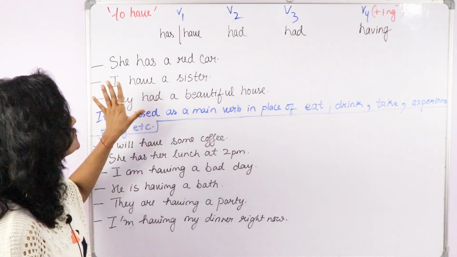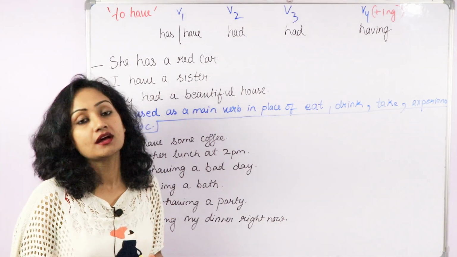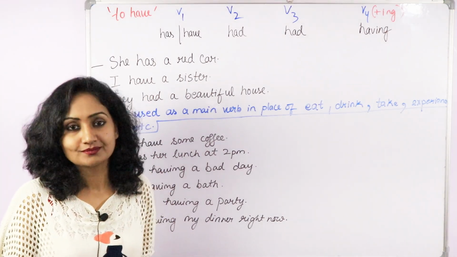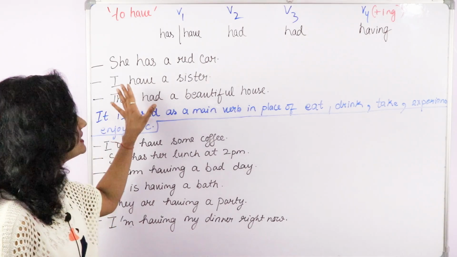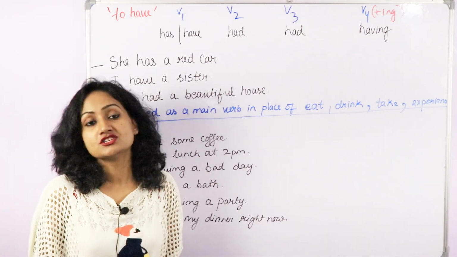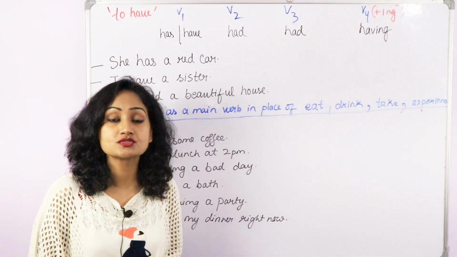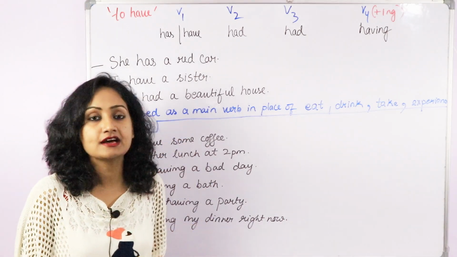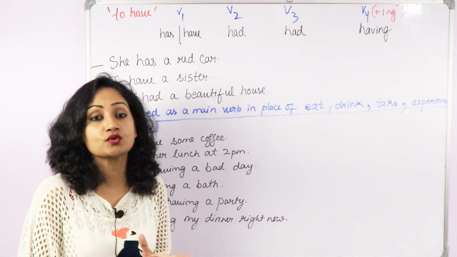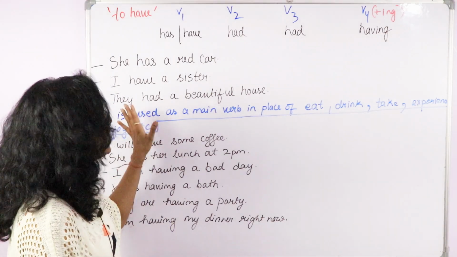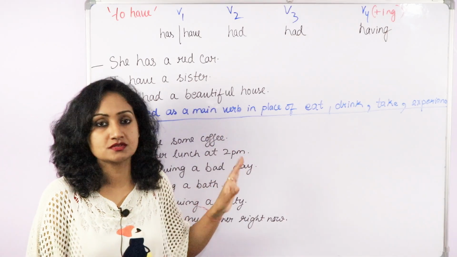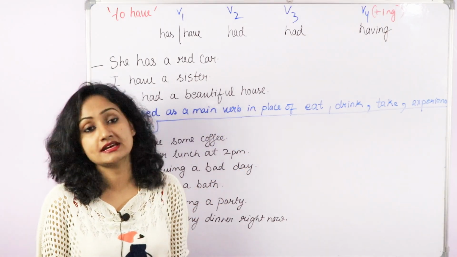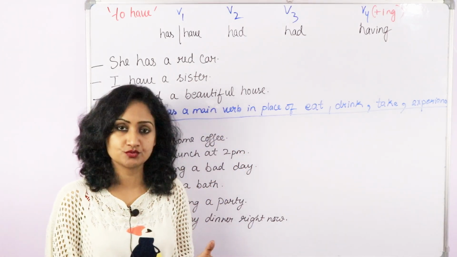So here first we use the verb have to talk about possession. Okay, for example, she has a red car. She has a red car. This shows a possession. I have a sister. I have two brothers. Again, it is showing a possession. They had a beautiful house. Now they have sold it, but yes, in past they had a beautiful house.